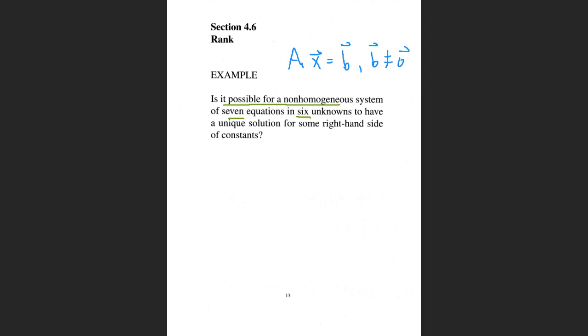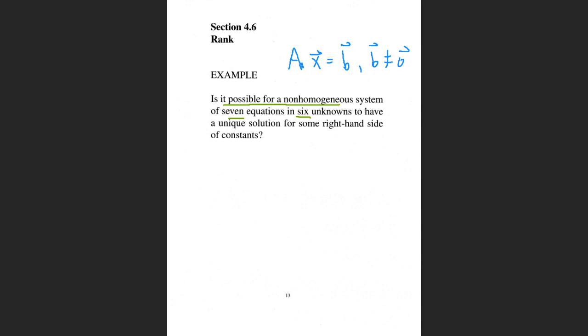Now, if there are 7 equations and 6 unknowns, what are the number of rows and columns for the matrix A? If the system of equations is represented by a matrix equation, how many rows, how many columns for the matrix A?